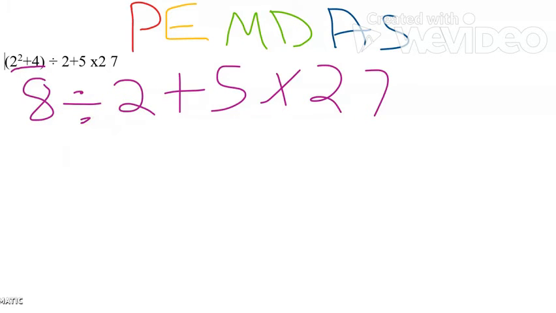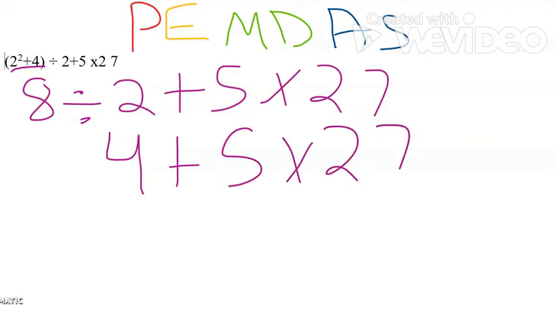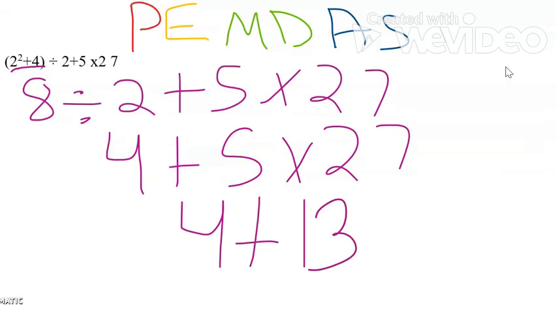So our new problem is 4 plus 5 times 27. Now, multiplication is next. Before we get to this addition, we have to finish out multiplication and division. So we have 5 times 27. The answer to that problem is 135. So we now have 4 plus 135.